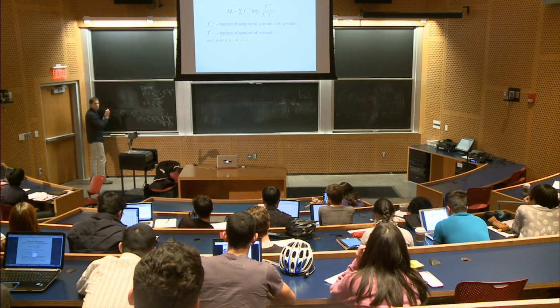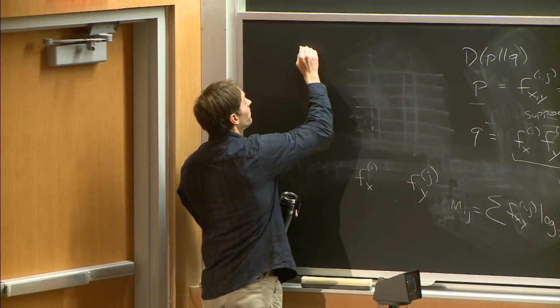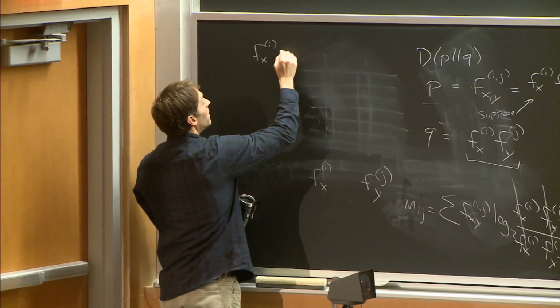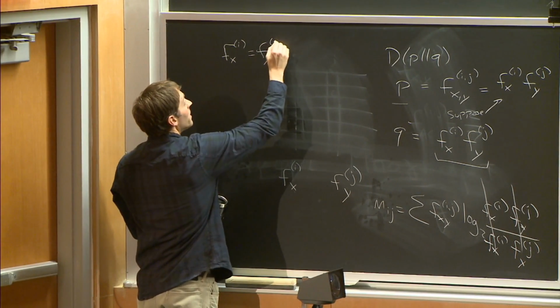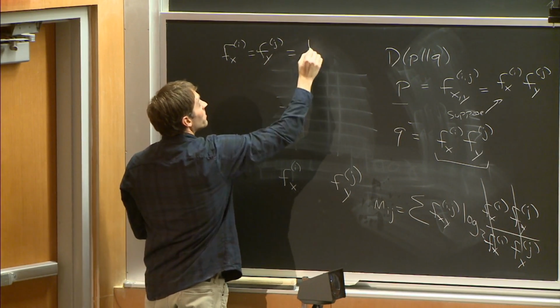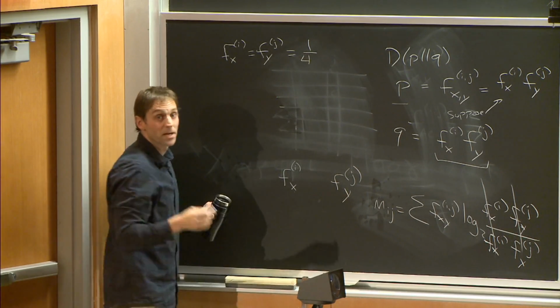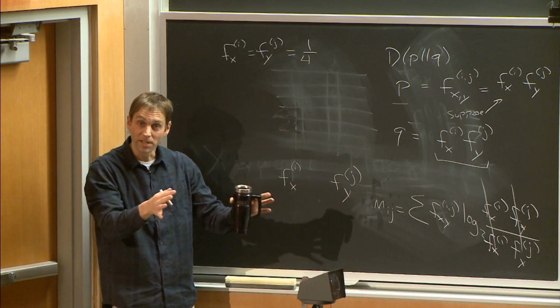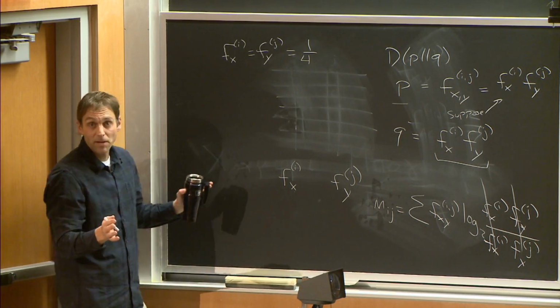So the maximum occurs if f_xi and f_yj are both uniform, so they're a quarter for every base at both positions. That's the maximum entropy in the background distribution.